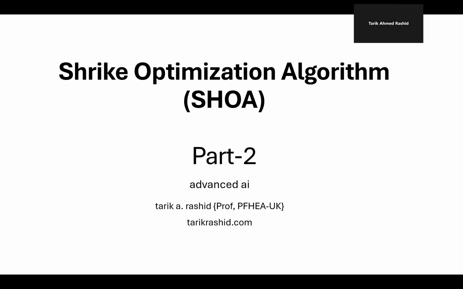Again, the second part of the Shrike Optimization Algorithm. The first part was about the theoretical part, which we explained in an earlier video. In this second part, I'll go through the mathematical background of this algorithm.